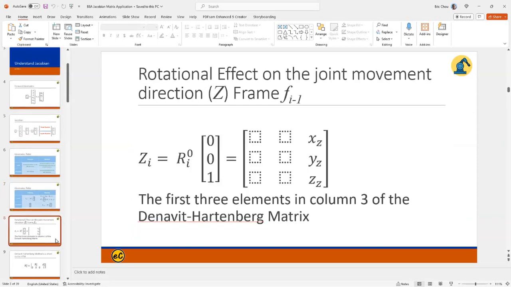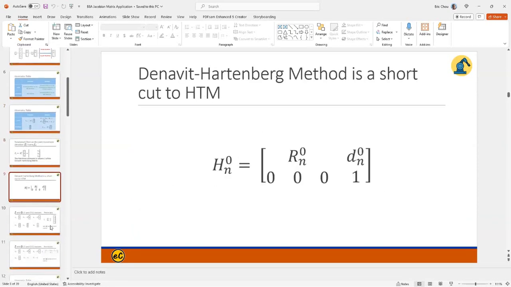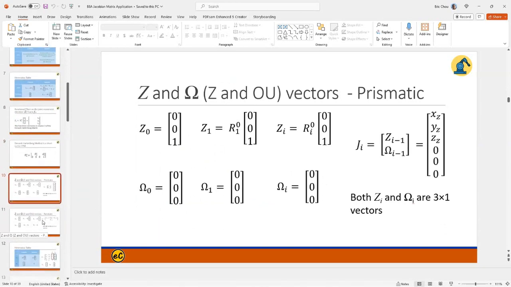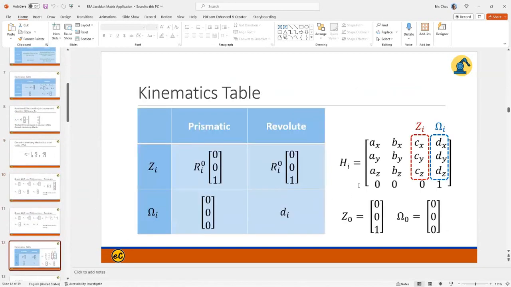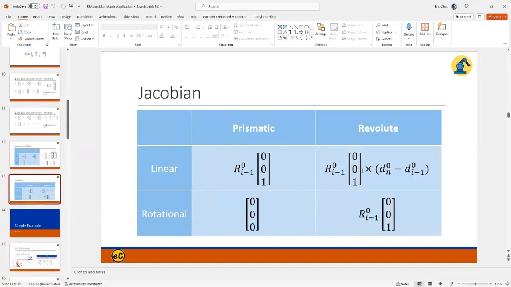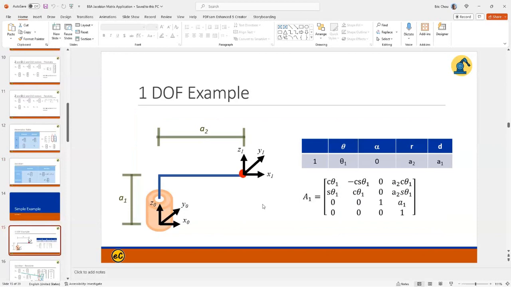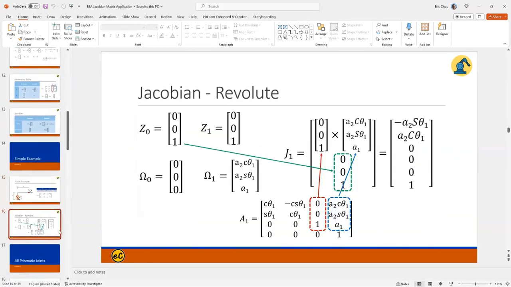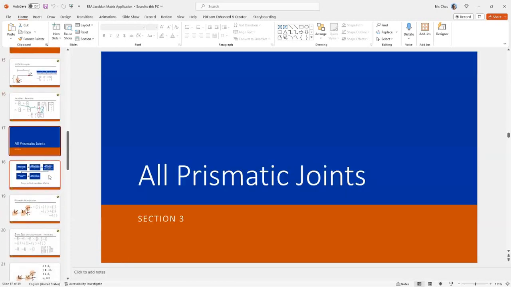And this has a long derivation, so you have to watch the video we have. But anyway, the end result is you will use that to find the Jacobian matrix, and that can be used to solve the forward transform matrix. So this is the relationship of the Jacobian matrix.